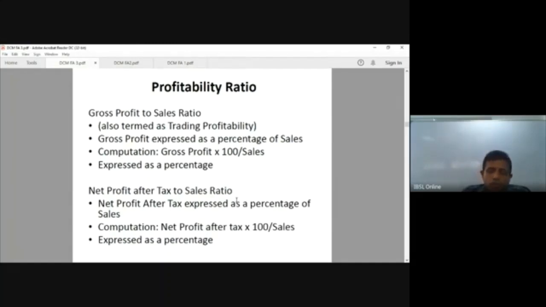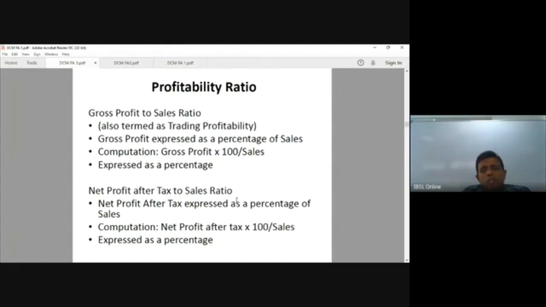Here also, net profit and sales are both taken from the income statement. Therefore, no need to take any average balances. Both are from the income statement, no need to take any average balances. Right.